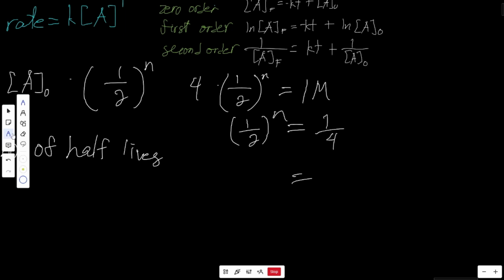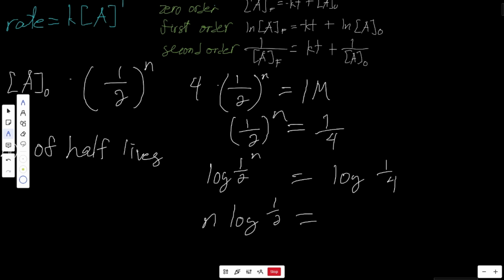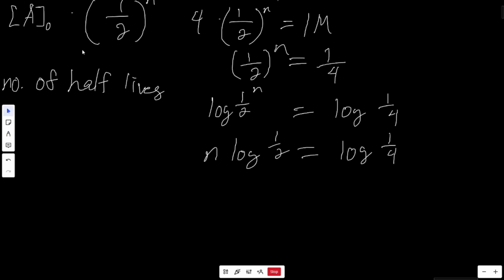So taking the log of 1/2 to the power of n, we would be getting the log of 1/4. This is going to be equal to n log 1/2 is equal to log 1/4, which we can then further rearrange to get n.